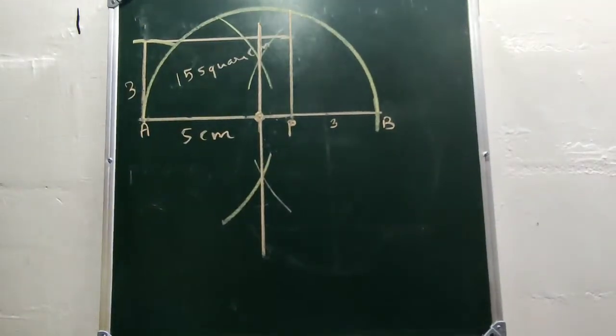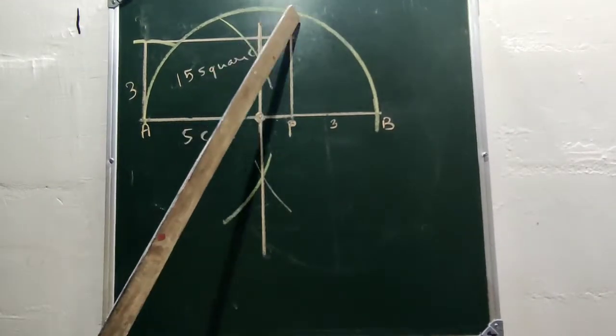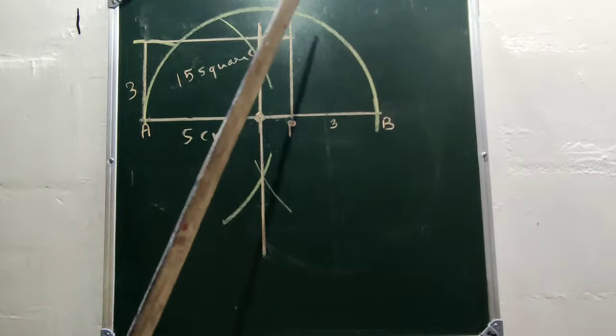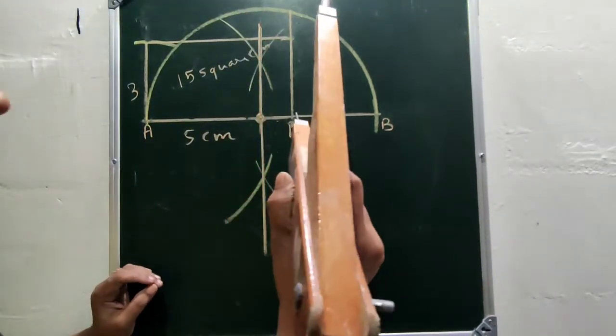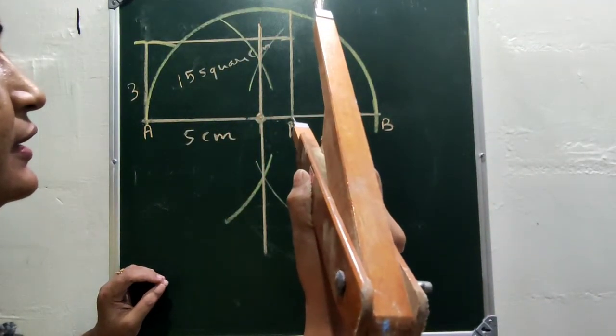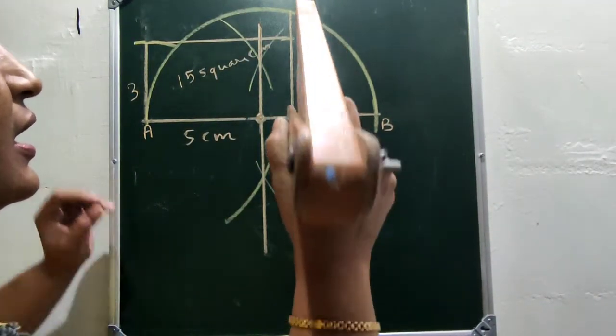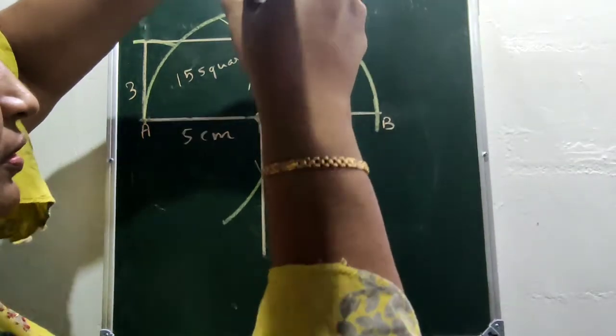Now we are going to complete our square. The length of one side of the square is this length.